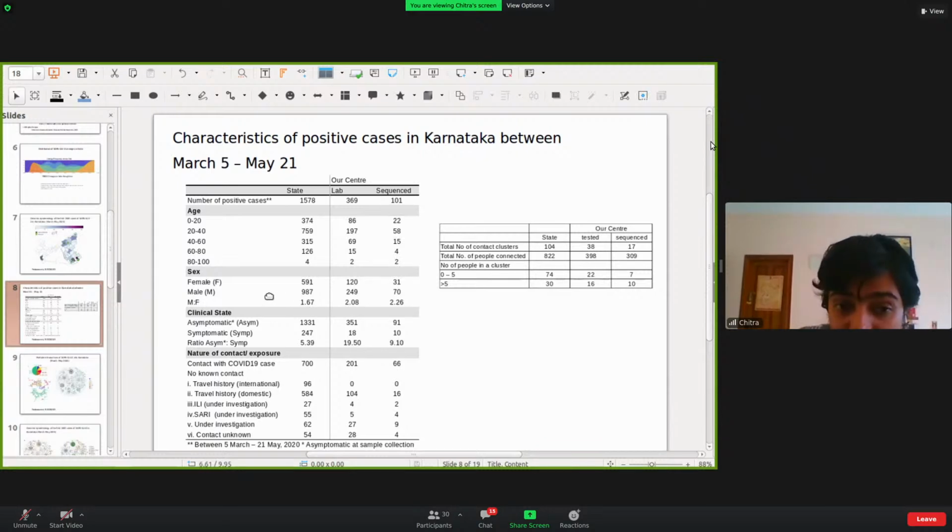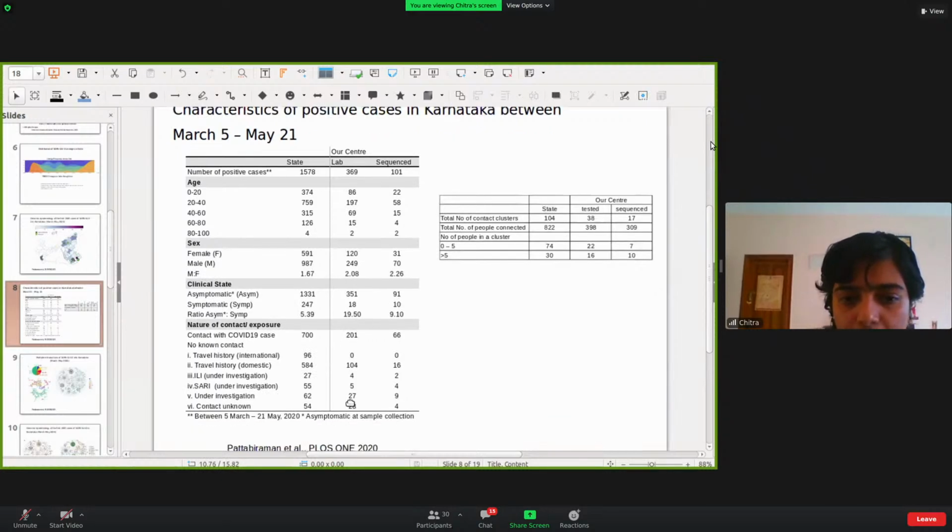We knew at that time that there were more men than women who were infected. And that was also there in our data. And between asymptomatic and symptomatic people, we tried to sequence symptomatic people, but we got very few of them in NIMHANS. NIMHANS was a center that was actually testing asymptomatic people more often, so contacts of people and so on.